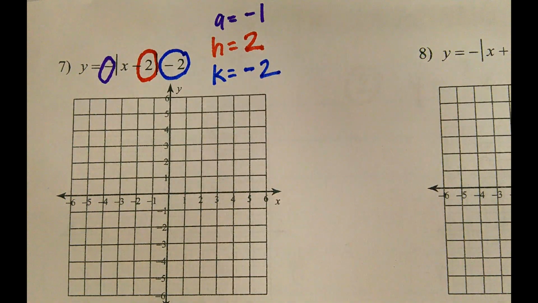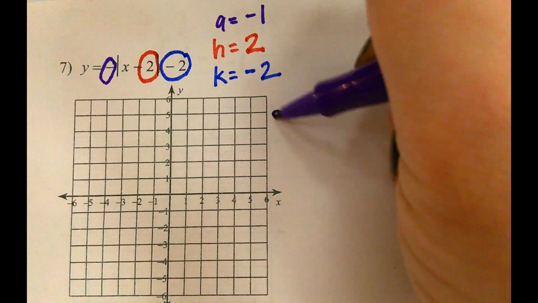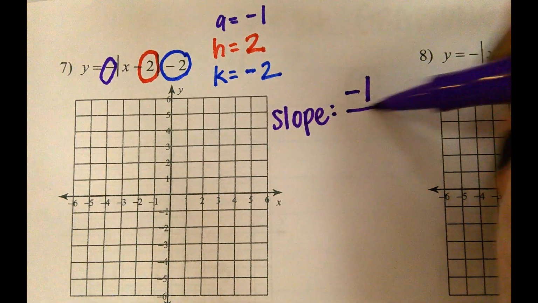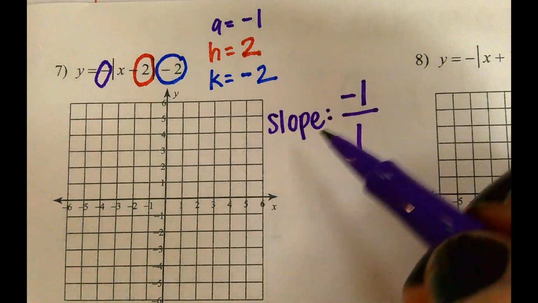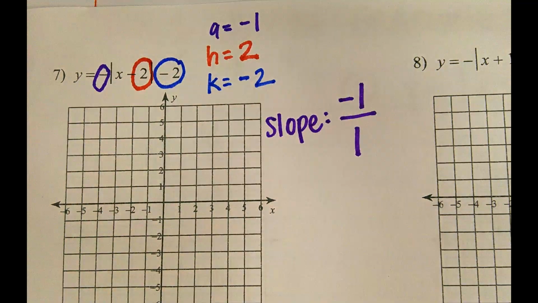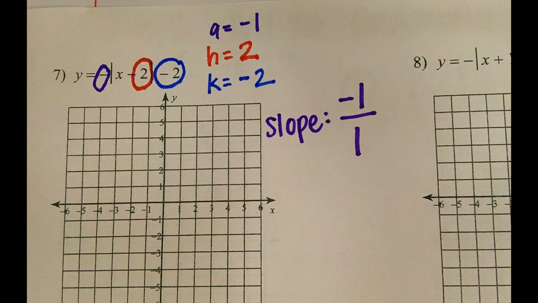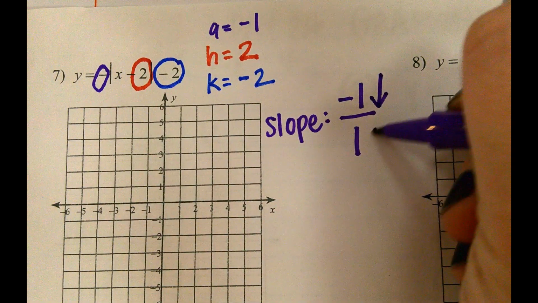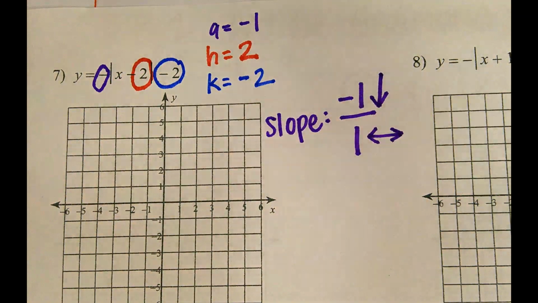Very good. Okay, so I have A, I have H, I have K. What is my slope? -1/1. Yes, -1/1. Good. Now, because it's -1, we'll need to be careful. Will we go up 1/1 or down 1/1? Down 1. That minus makes us go down 1/1.